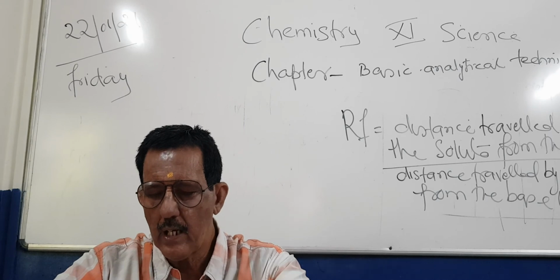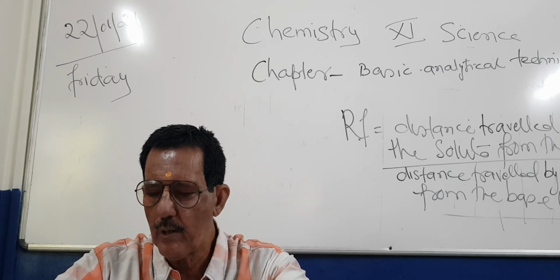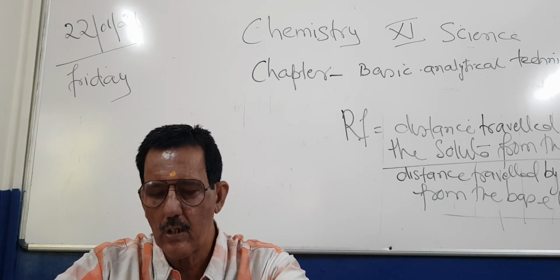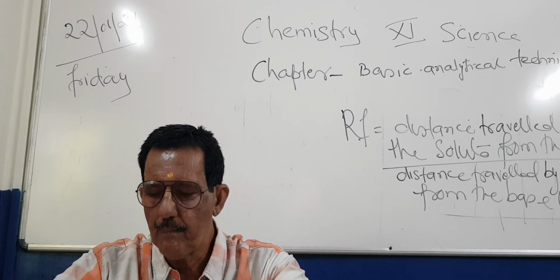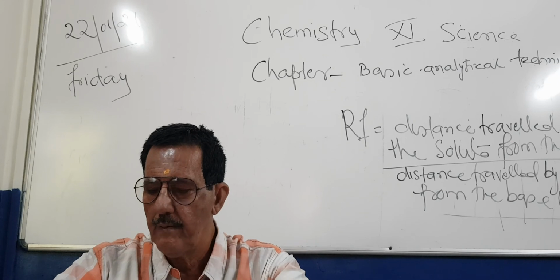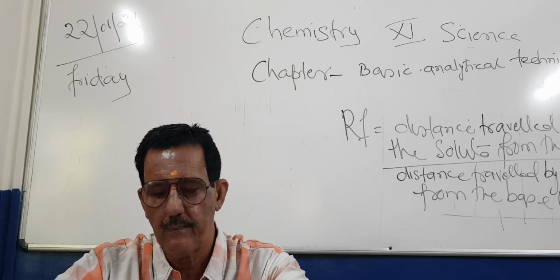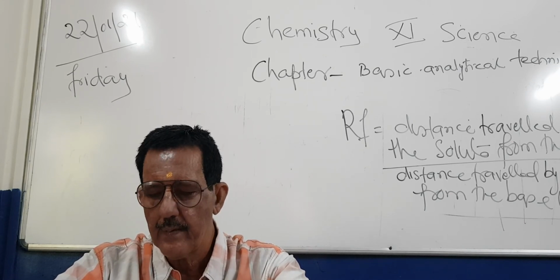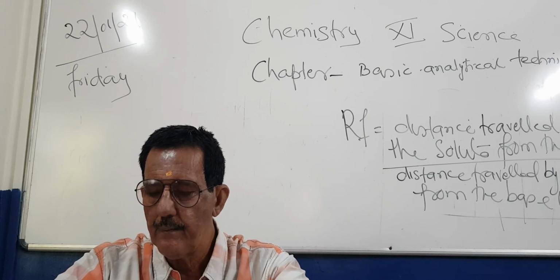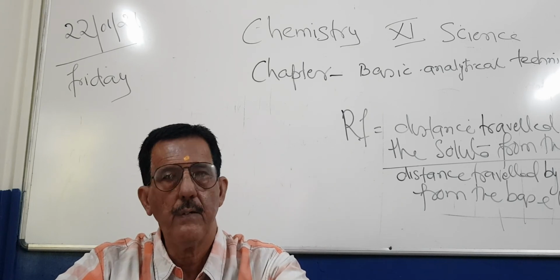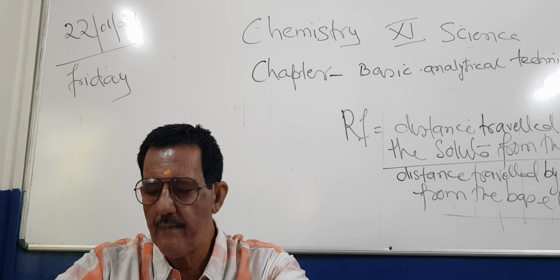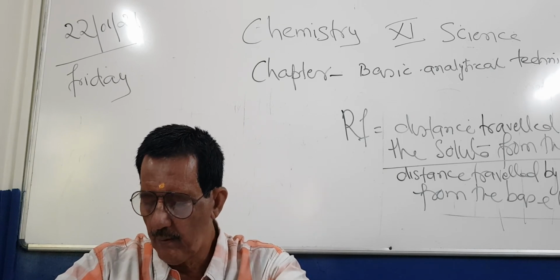If the components are colored, they appear as colored spots on the plate. If the components are not colored, they can be visualized under UV light or the plate is kept in a chamber with iodine to give brown color. Retention factor Rf is the distance travelled by the solute from the baseline to the distance travelled by the solvent from the baseline.